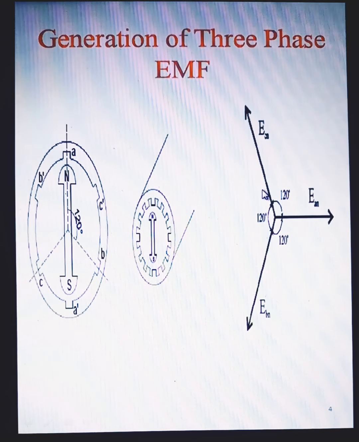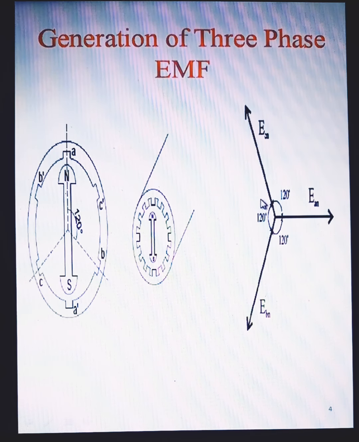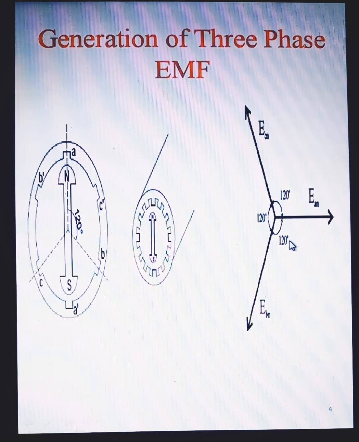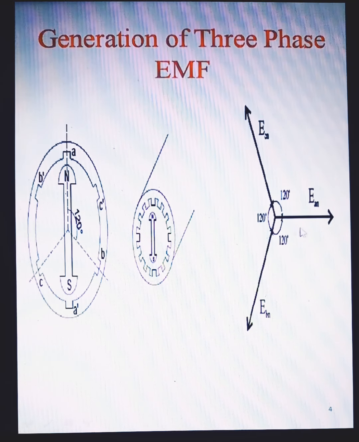The EMF induced in the phase C lags behind this phase A voltage by an angle of 240 degree, that is 120 plus 120, 240 degree if you are considering in a clockwise direction. If the same vector diagram is taken with respect to anti-clockwise direction, then the phase C voltage leads this phase A voltage by an angle of 120 degree.